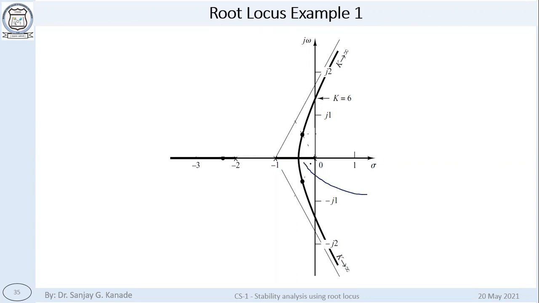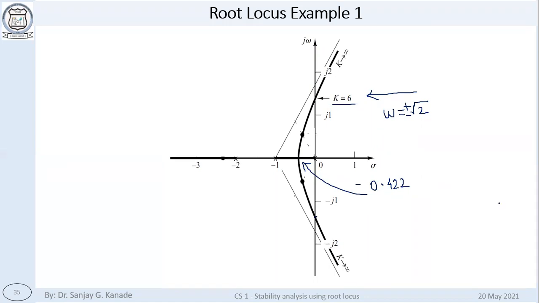And when it comes to this point, which is -0.422, from here it breaks into the complex plane and intersects the imaginary axis at k equal to 6 and omega equal to plus or minus root 2, because here also it is intersecting, right? So this is how you will have to draw the root locus.